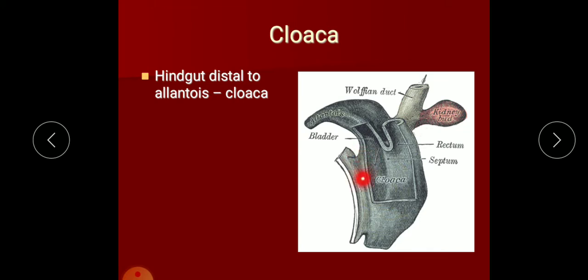That anterior part will develop into urinary bladder and urethra, and from the urinary bladder you have the allantois coming. And the dorsal part will form the primitive rectum, which later develops into rectum and part of anal canal. So that is the change occurring to the cloaca.